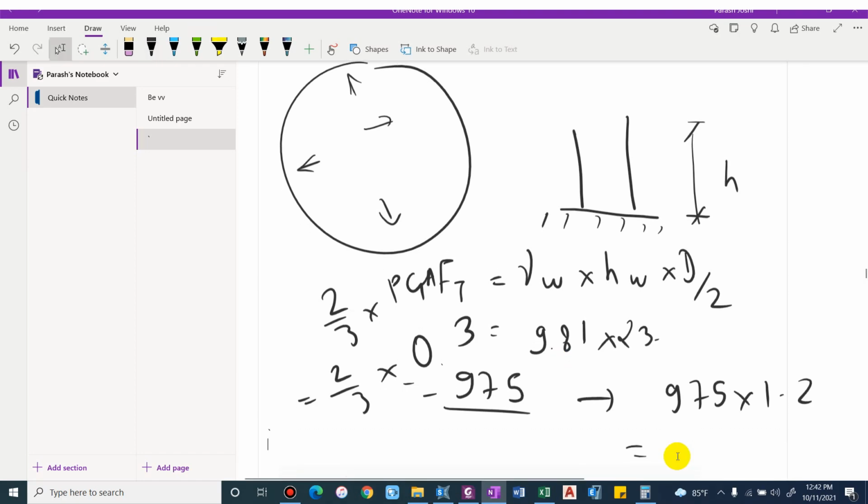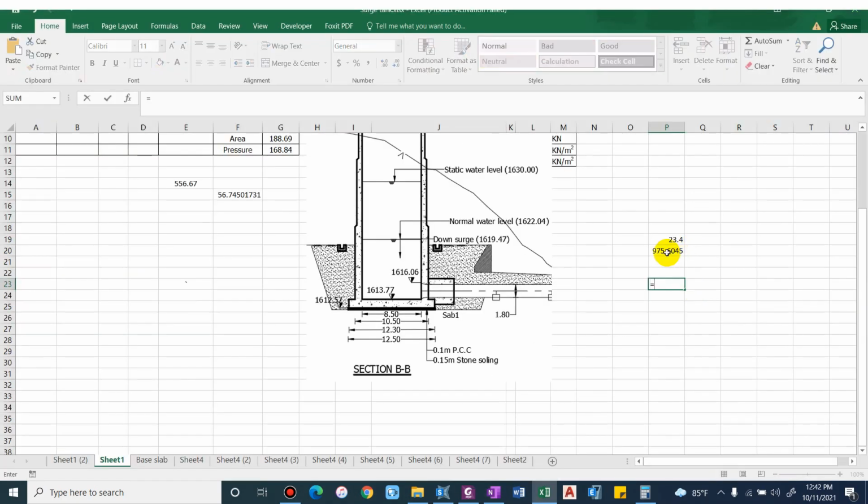Hoop tension considering dynamic effect: let us multiply this by 1.2, so 1170. This is the dynamic hoop tension.